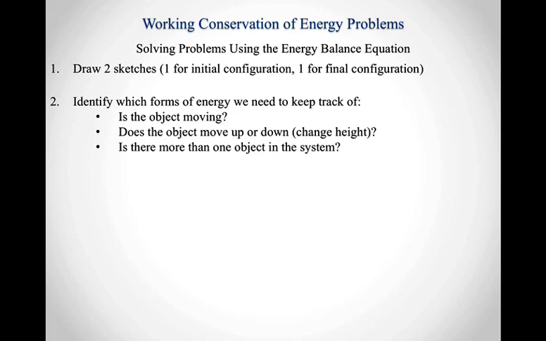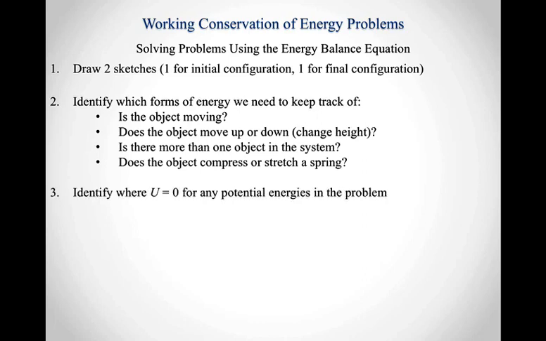So we'll ask each of these first 2 questions for each piece in our system that we're keeping track of. And then again, there may be springs, and so we want to keep track of the elastic potential energy that's being stored in springs. So does the object compress or stretch a spring? If the answer is yes, then again, we'll include some elastic potential energy term.